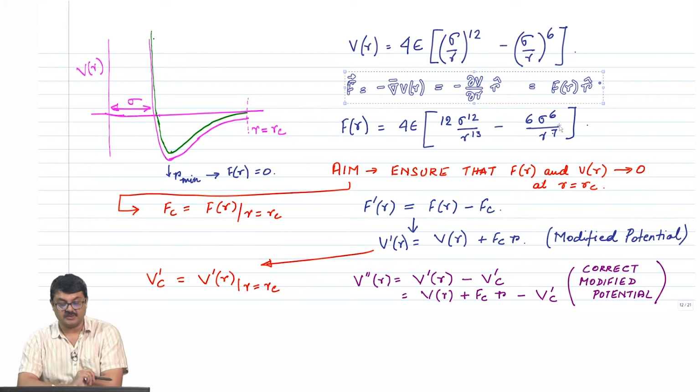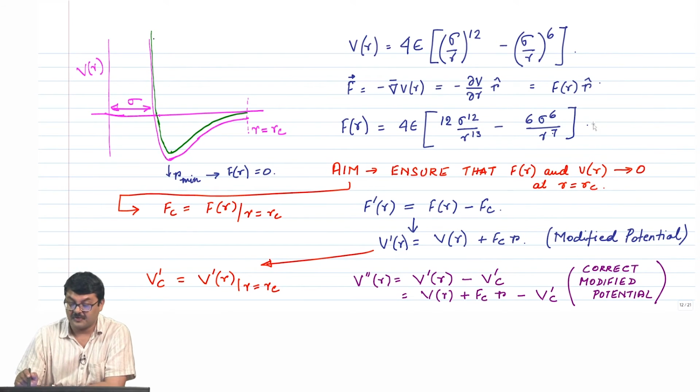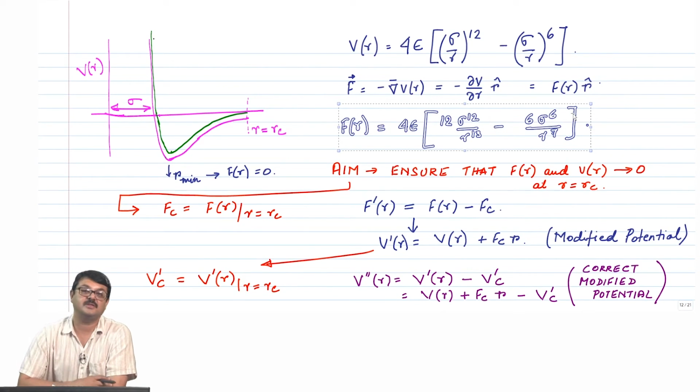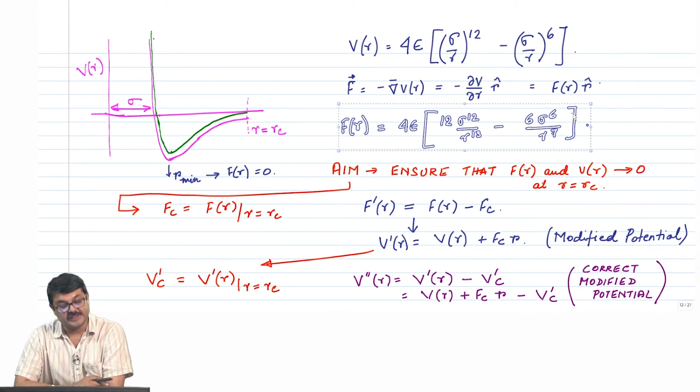You can just work it out, it is no big deal. And we have to ensure that this expression of f of r goes smoothly to 0 at the cutoff and remains 0 beyond, for distances r greater than the cutoff distance, and the potential also goes smoothly to 0.